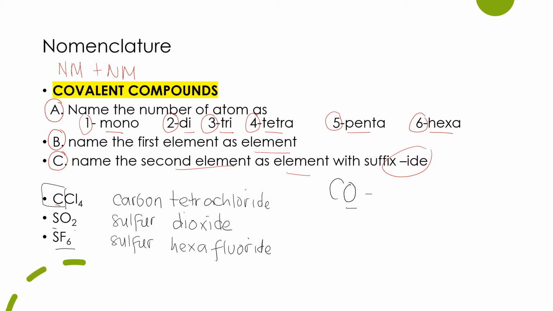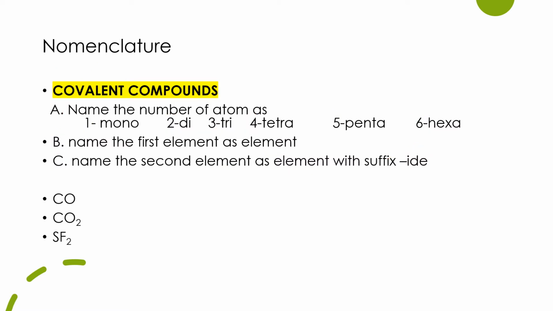So the name of CO is carbon monoxide. You don't need to mention 1 in the first element. So the name is not monocarbon but carbon monoxide.